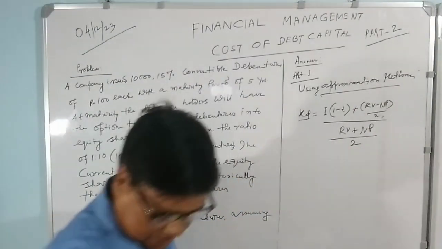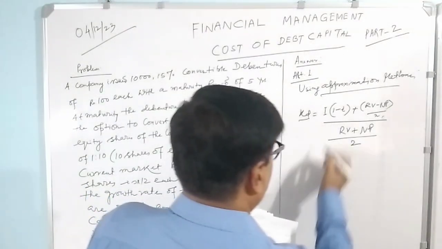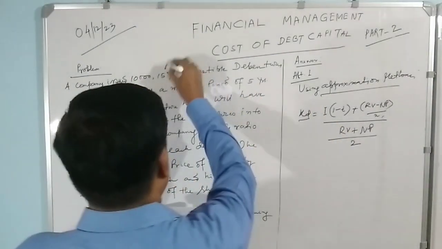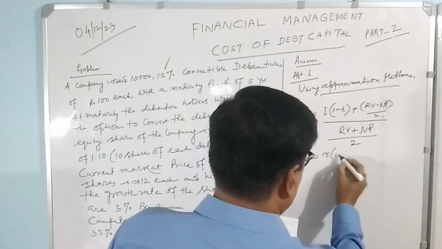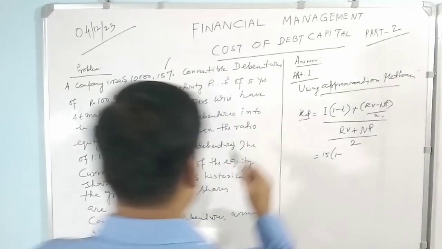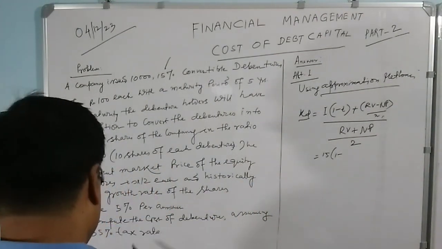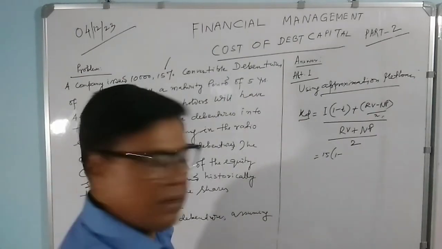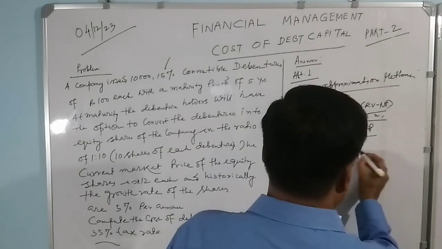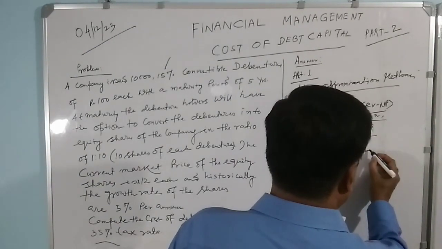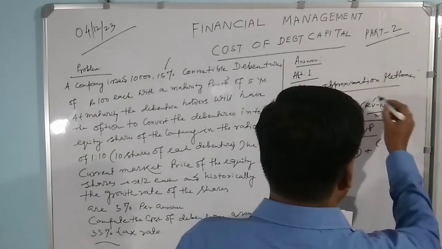Kd will come this way: I, the rate of interest, equals 15 into (1 minus T). What is the tax rate here? The tax rate is 35%, so 0.35, plus RV, the redemption value.